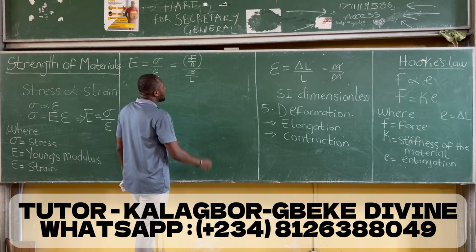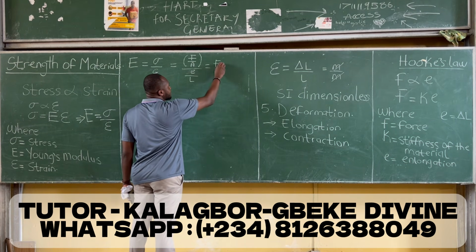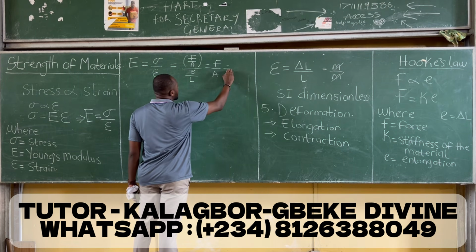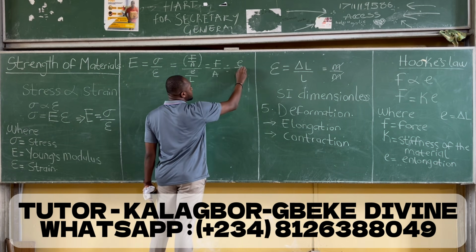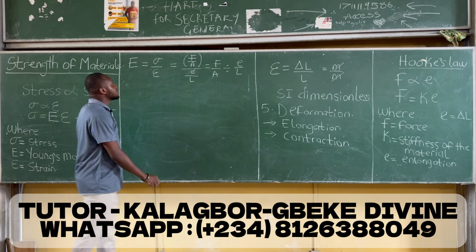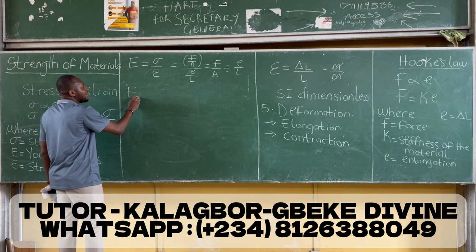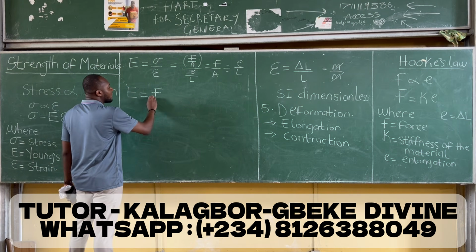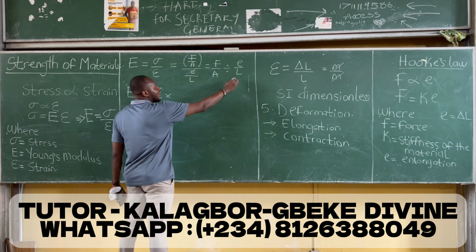So now, if we bring it out, it will be force over area divided by elongation over original length. Right? Now, if we want to remove that division sign, we will have that Young modulus E will be equal to force over area times, for that, we will invert.